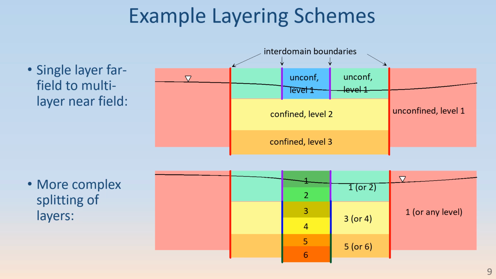Here are two vertical profiles to illustrate some of the possibilities with layering schemes. In this upper one, we have a single layer in the far field, this pink zone, and it is joined to a three-layer area in the center by an inner domain boundary here.